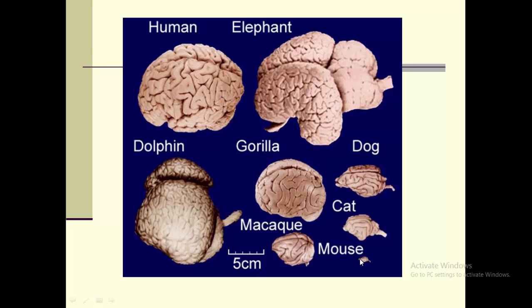And this is how small a mouse brain is. And this is the macaque, one of the famous species of monkeys. This is the macaque's brain. And the gorilla, which is practically larger than our size, this is how big its brain is. And again برضو نبص على درجة تعقيد القشرة بتاعتها.